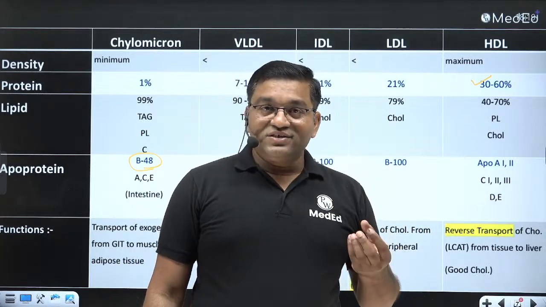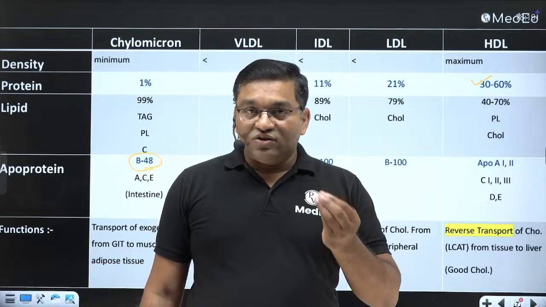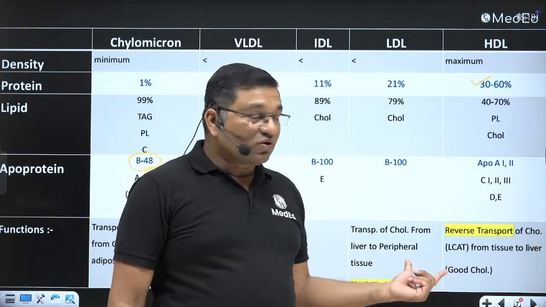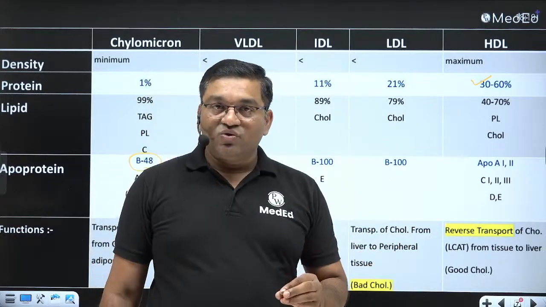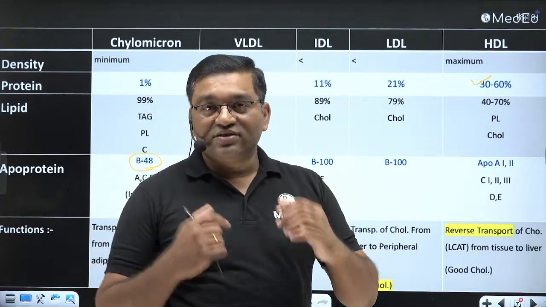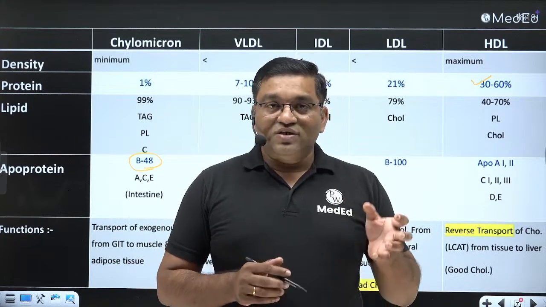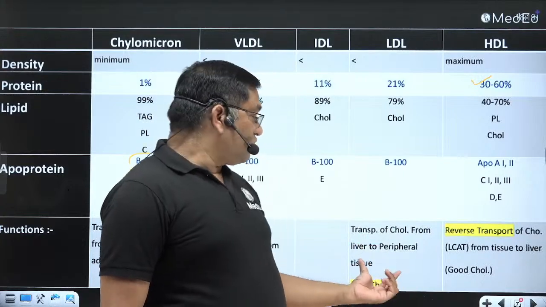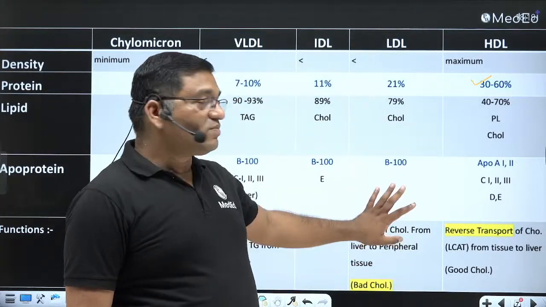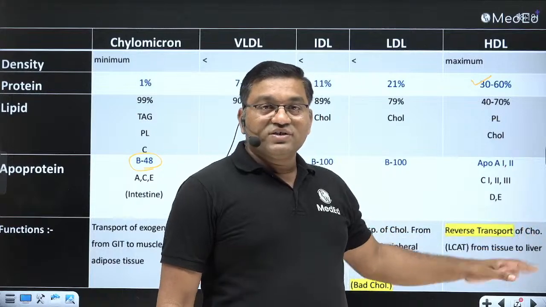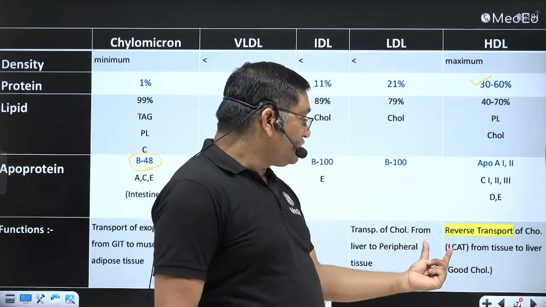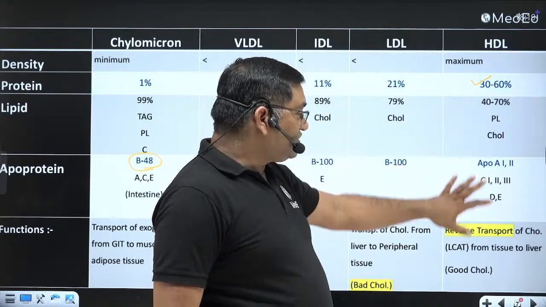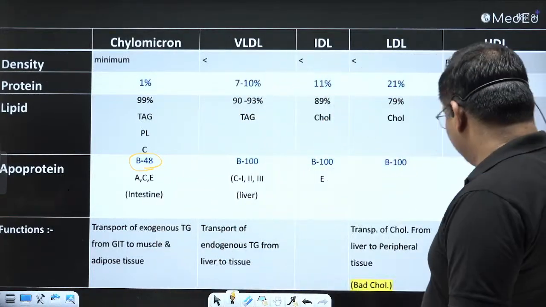When free radicals cause oxidation of LDL, and LDL is present in excess, it causes atherosclerosis. That's why it is known as bad cholesterol. And HDL is good cholesterol because it is reverse transport of cholesterol from peripheral tissues to the liver, and it is important for metabolism of cholesterol by the liver. So this is HDL, high density lipoprotein.